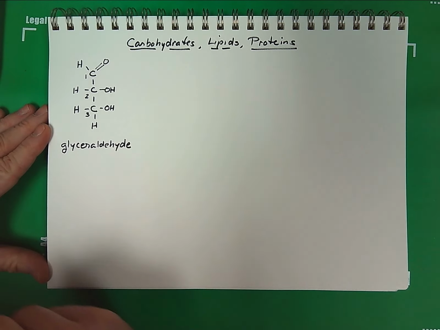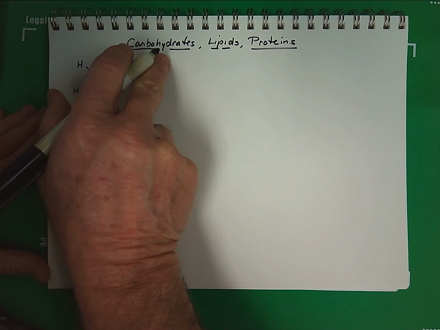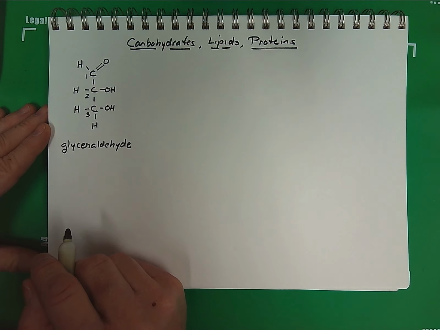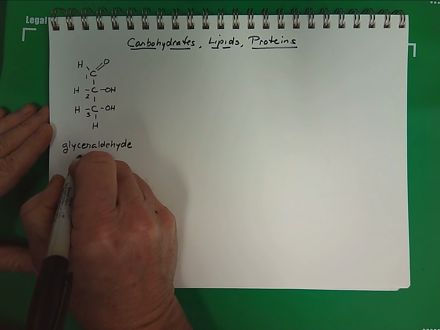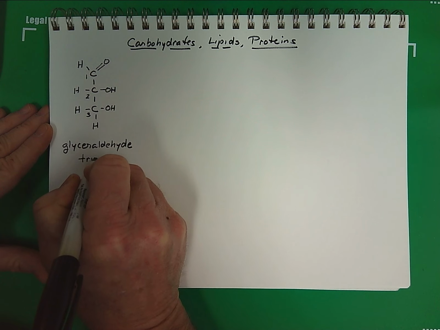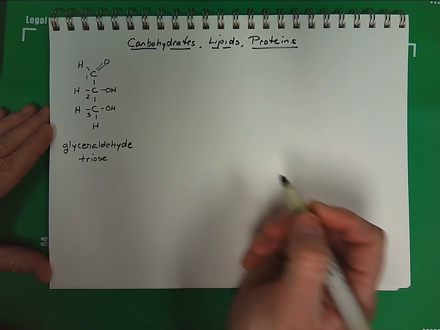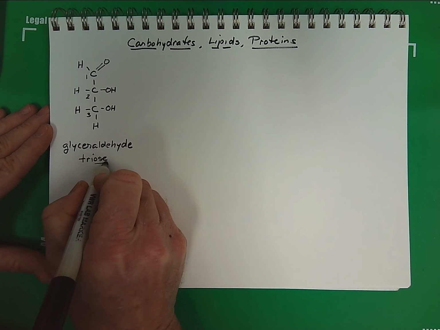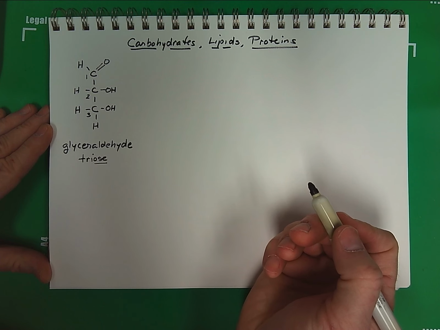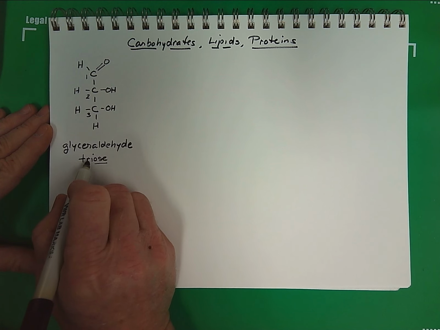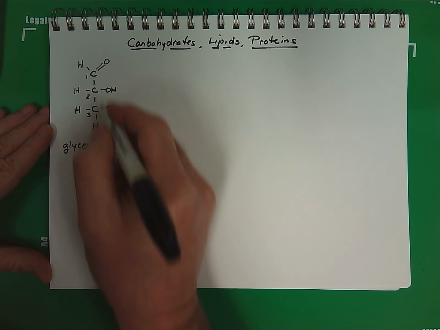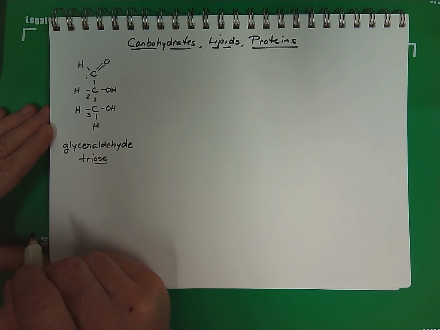Now glyceraldehyde is structurally related to the carbohydrate family, and because it has 3 carbons on its backbone, it is considered a triose. Recall that the suffix -ose refers to carbohydrates, and tri refers to the 3-carbon backbone of this particular carbohydrate structure, glyceraldehyde.